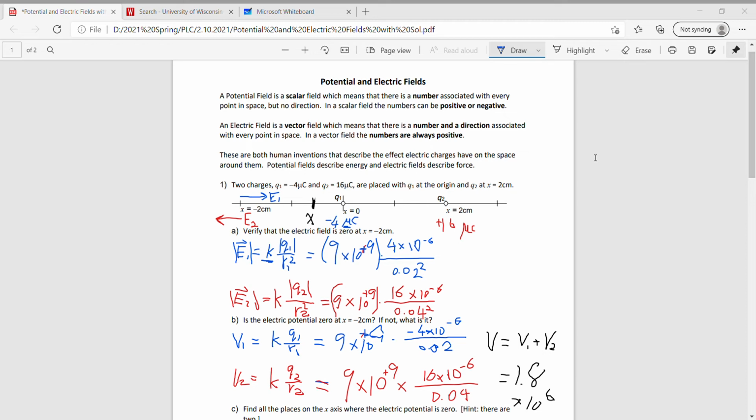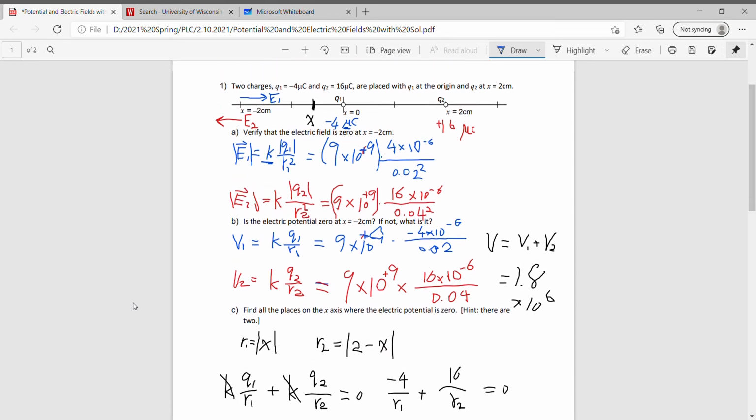And E2 is 9 times 10 to the 9 times 16 times 10 to the negative 6 divided by 0.04 squared. Yeah, so you can see I did something wrong here, but you can see that E1 and E2 are equal.